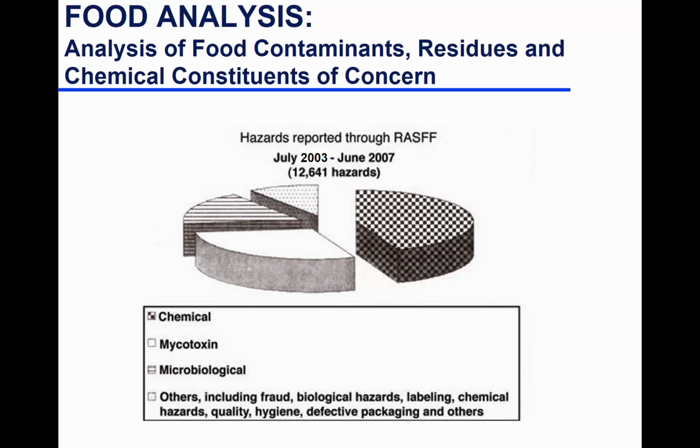Mycotoxin is another big portion of the reports. Then microbiological, for bacterial or mold; others, such as fraud like melamine; biological hazards; problems with labeling; and then chemical hazards, quality, hygiene, defective packaging, etc.